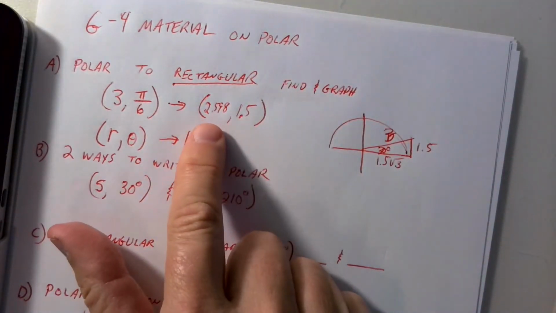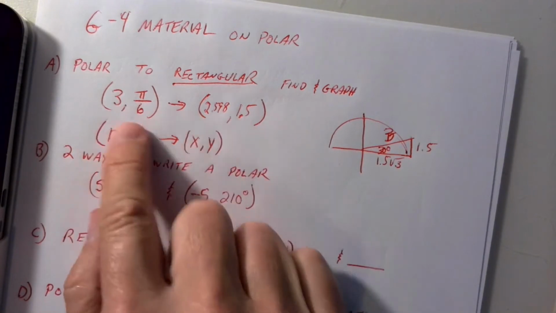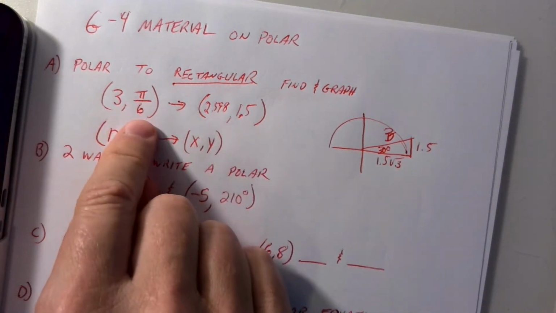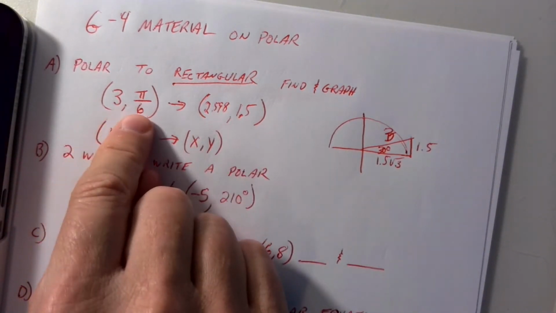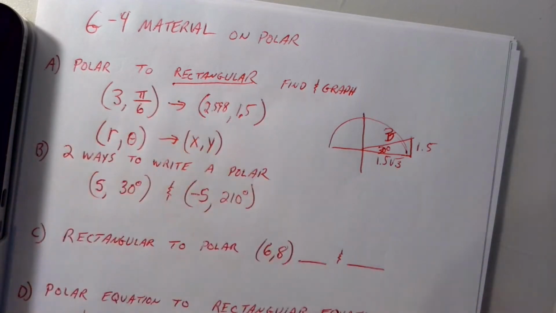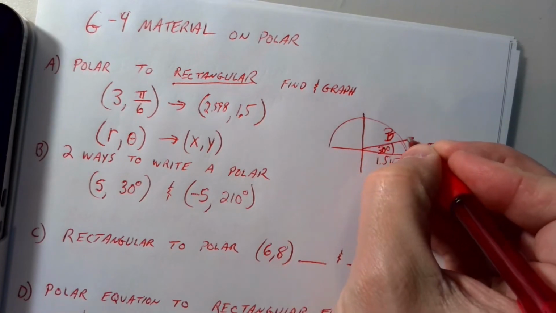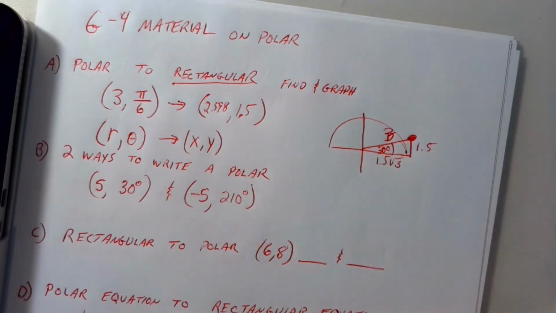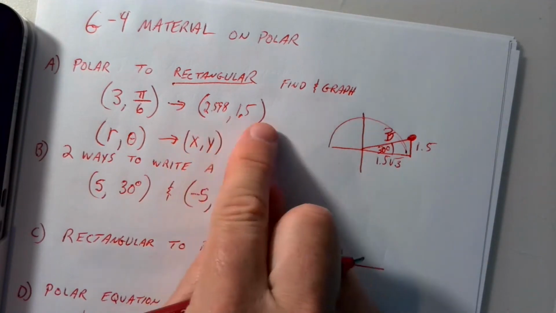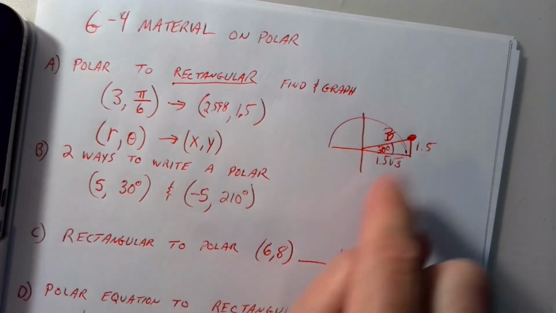So a couple different things just to make sure that you guys are comfortable with how these things are matching up. So a polar coordinate says that at a given angle, pi over 6, I'm going to go out a length of 3. So when I go pi over 6 up, I go out a length of 3, it's going to take me to this coordinate right here. And if I did an x and a y coordinate, it would be those two things.